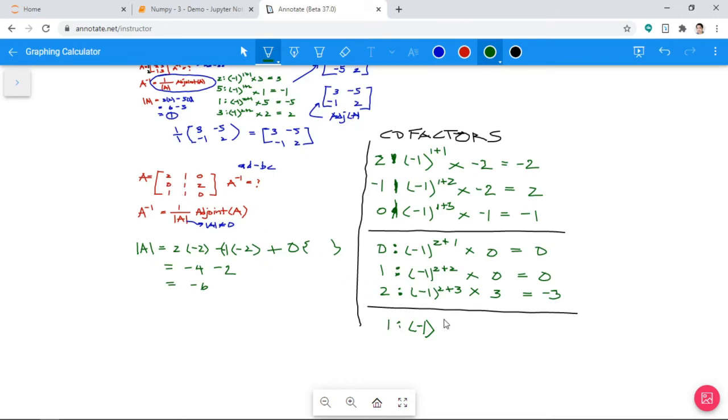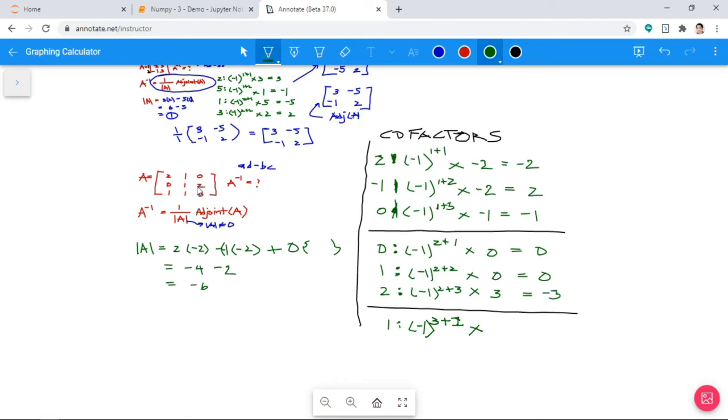So this one is row 3, so this one is 3 plus column 1. So this one is 3 plus 1. Okay, so if we isolate this one, we have this 1 times 2. So we have 2.